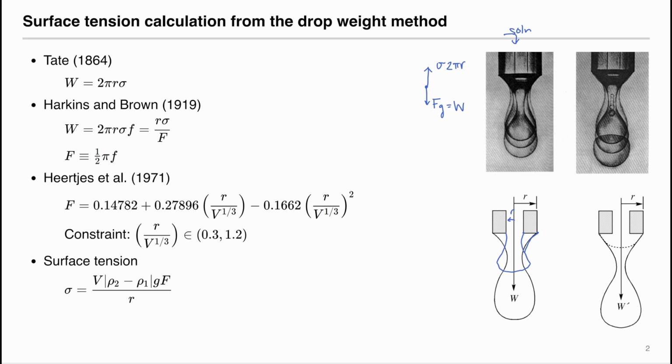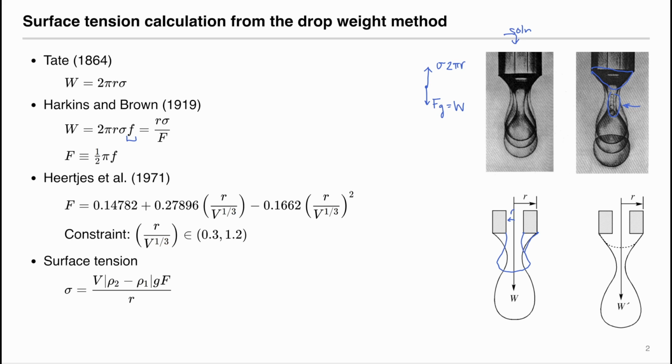However, this is a big simplification because when the droplet is forming, there are intermediate droplets or satellite drops in between, and there are some leftover drops at the top. To correct for this, Harkins and Brown in 1919, almost 100 years ago, proposed that we can modify this using a correction factor, a small f.